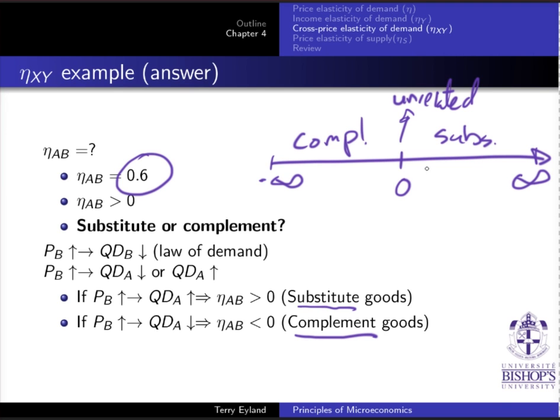And also, whether I'm close to zero or further away on the positive or negative side, the further away I am, the more related the goods are. So there is a higher degree of substitutability between Shell gas and Petro-Canada gas than if we were to compare Pepsi and Coca-Cola, where some people might still have a preference.